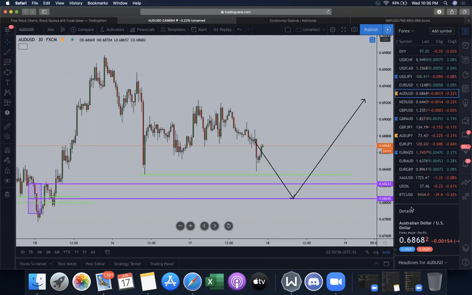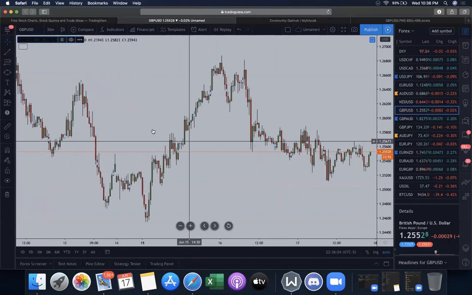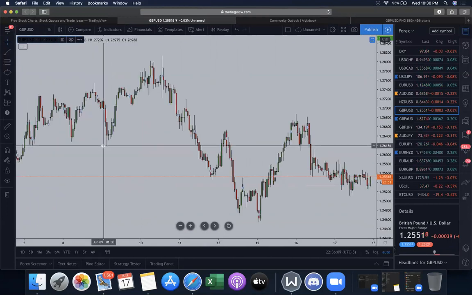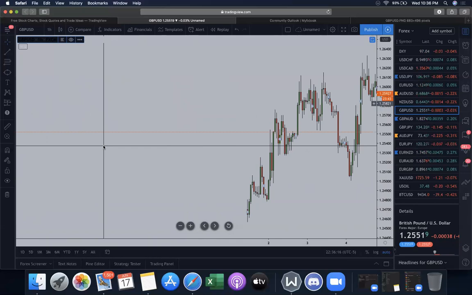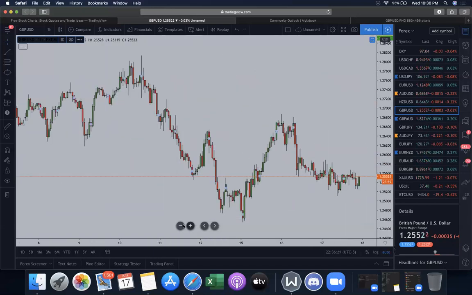Aren't you concerned that there's equal highs in the GBP short example? Which one? Were you talking about way back in January? I was just giving examples.